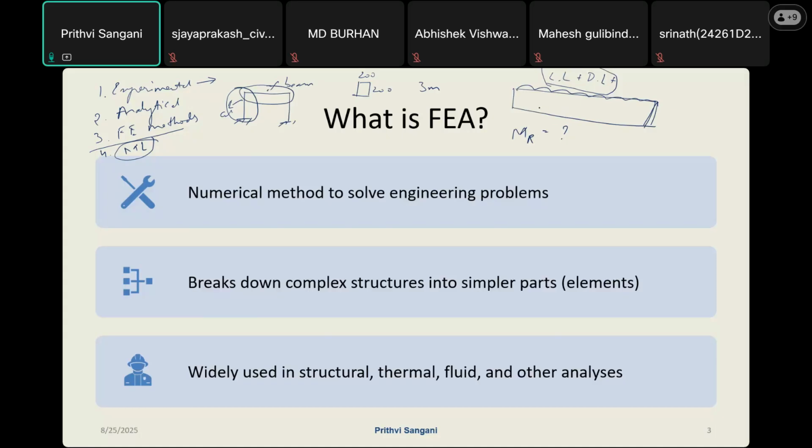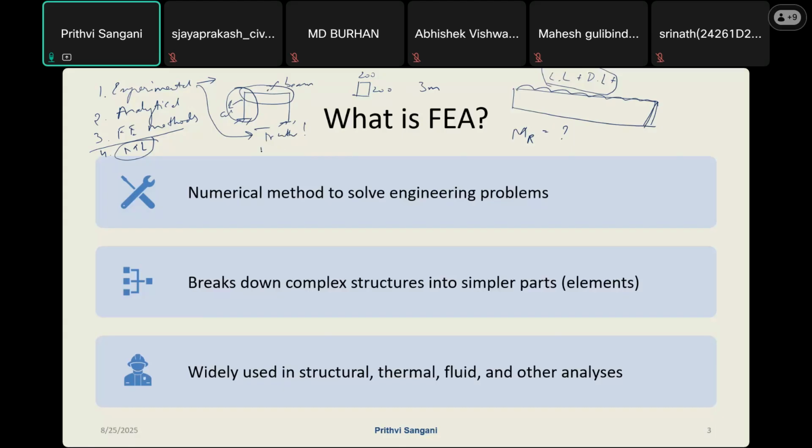So can we do this for every kind of problem? In future, if you want to go for a multi-storied building, you can't completely test an entire building, right? Experimental analysis is actually the truth, because it correctly gives you what is actually going to happen in the real environment. It's the final truth.